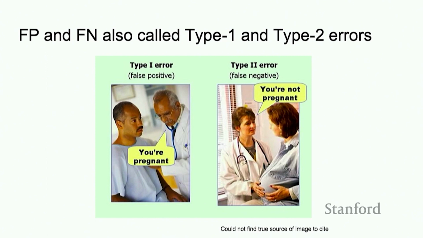Back to the slide. The larger takeaway is that depending on the kind of errors you make, the impact that false positives and false negatives have can be very, very different.